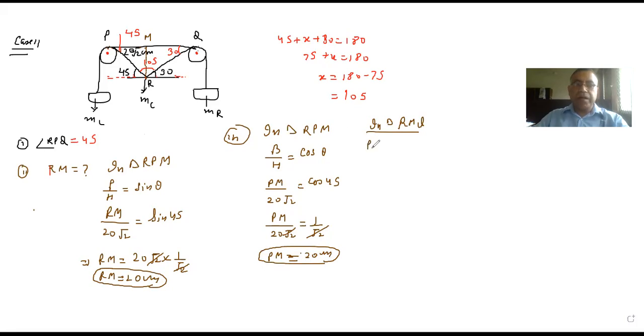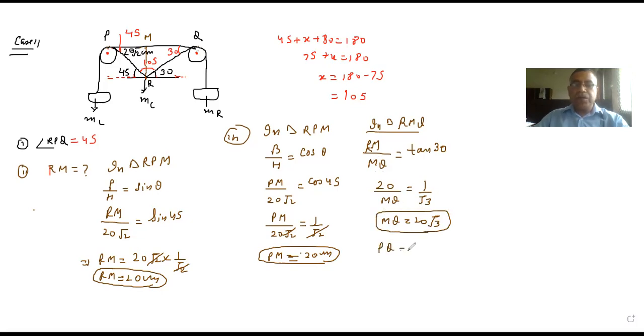So I will write RM over MQ is equal to tan 30. That means perpendicular over base. So the value of RM is 20. The value of MQ, we don't know. Tan 30 is 1 over under root 3. So MQ is equal to 20 under root 3.